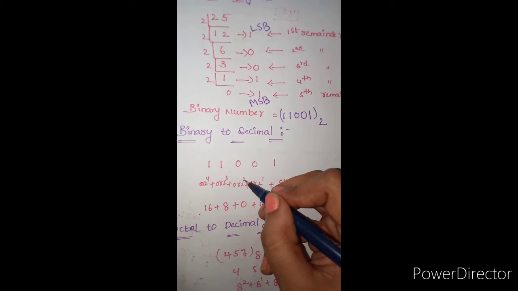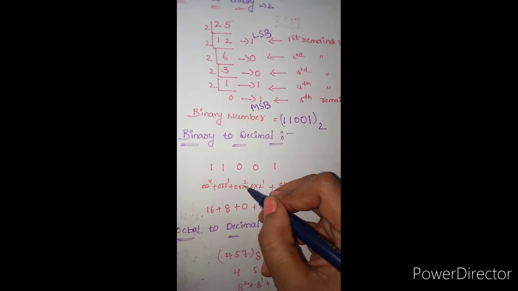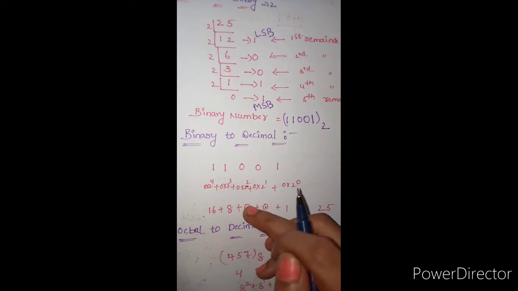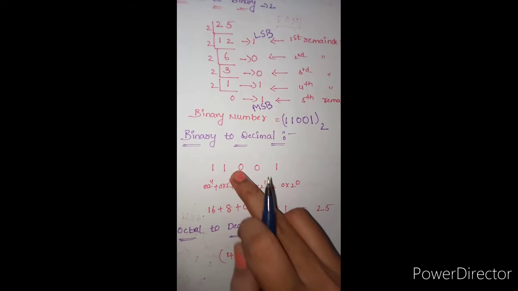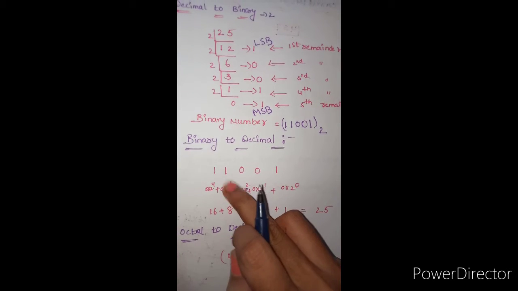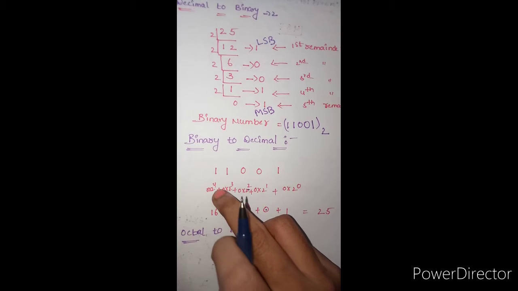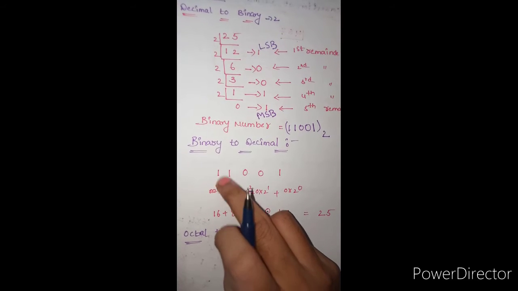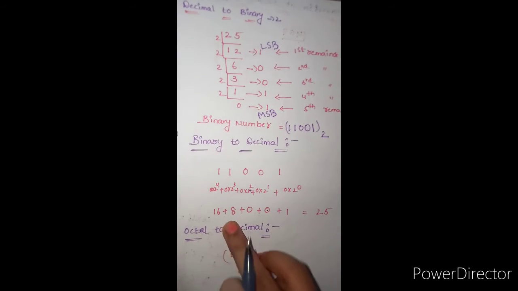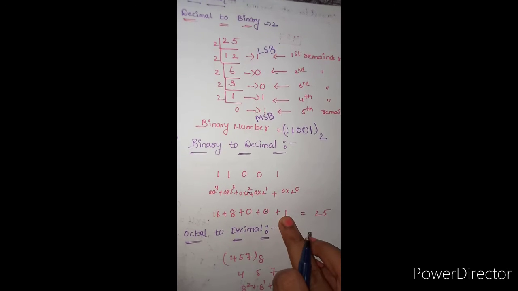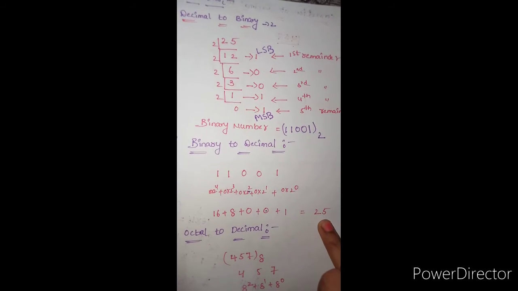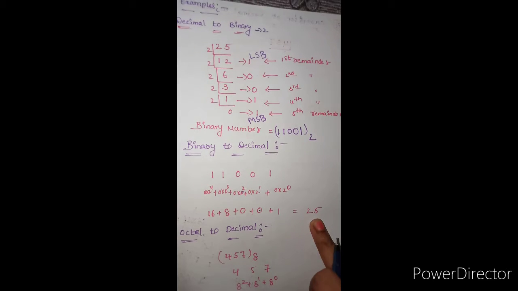Plus 2 power 2 is 4, 4 into 0 is 0. Plus 2 power 3 is 8, 8 into 1 is 8. 2 power 4 is 16, 16 into 1 is 16. 16 plus 8 plus 1 is 25, the decimal number.